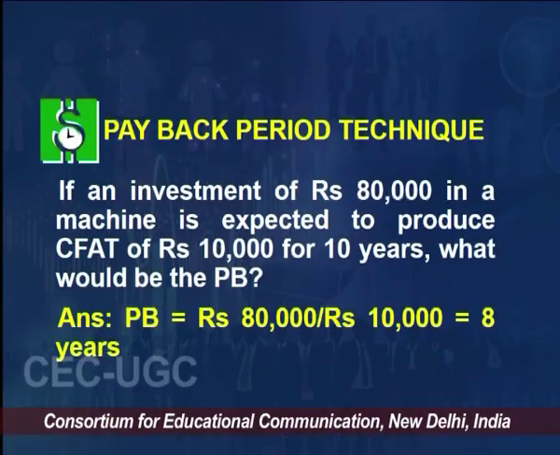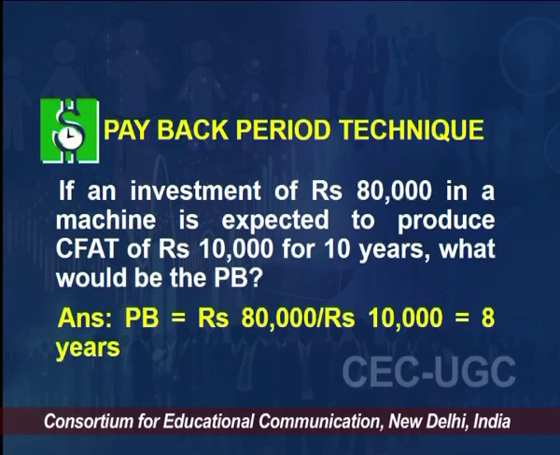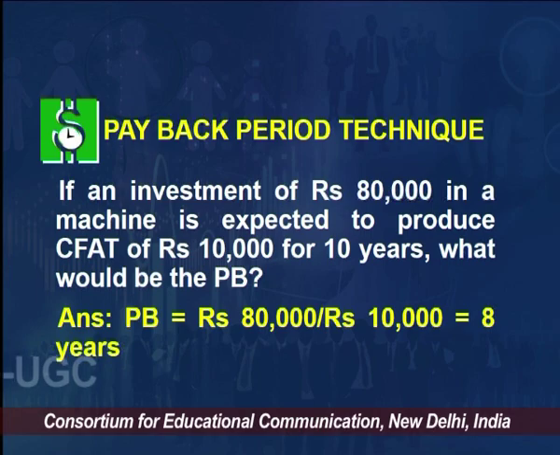If I divide the initial investment 80,000 by my annual inflow 10,000, which is cash flows after tax, my N is 8. The company needs to compare it with the standard they have. Standard is not given in this situation, but my PB calculation is 8 years. My answer becomes 8 years, right?